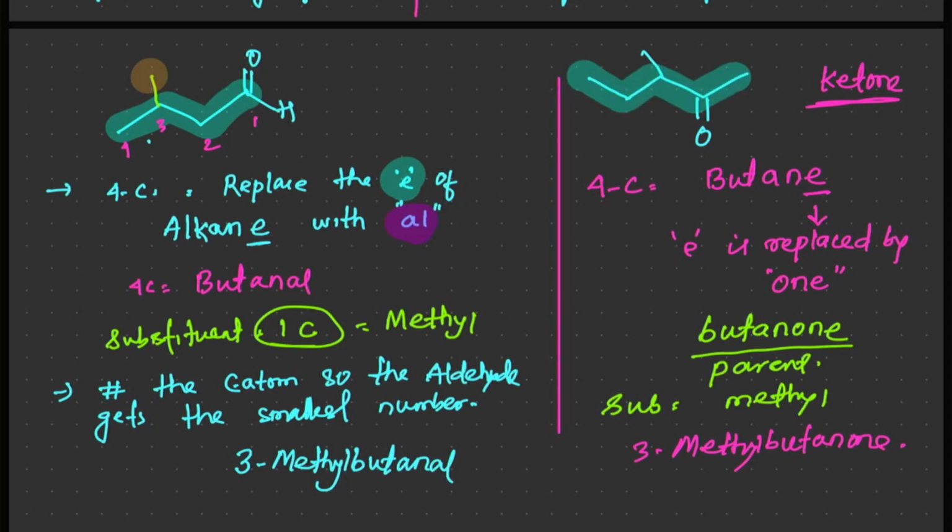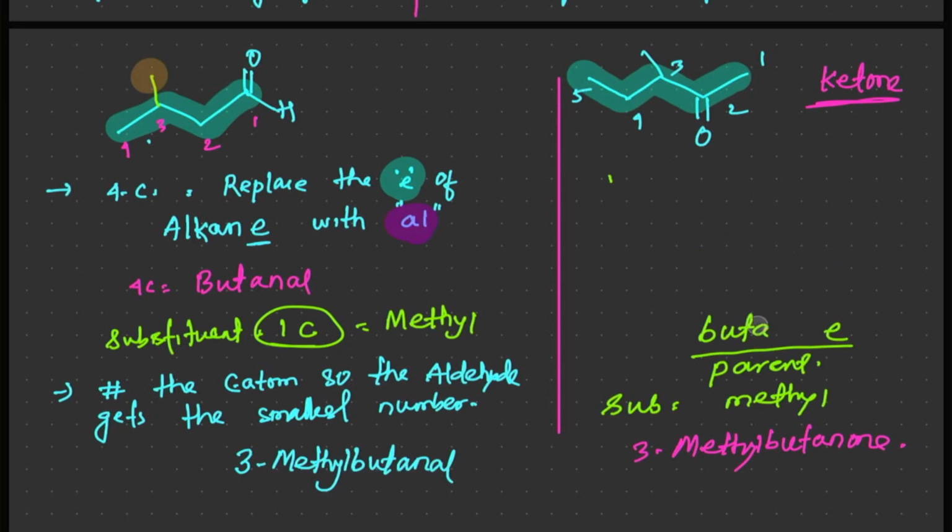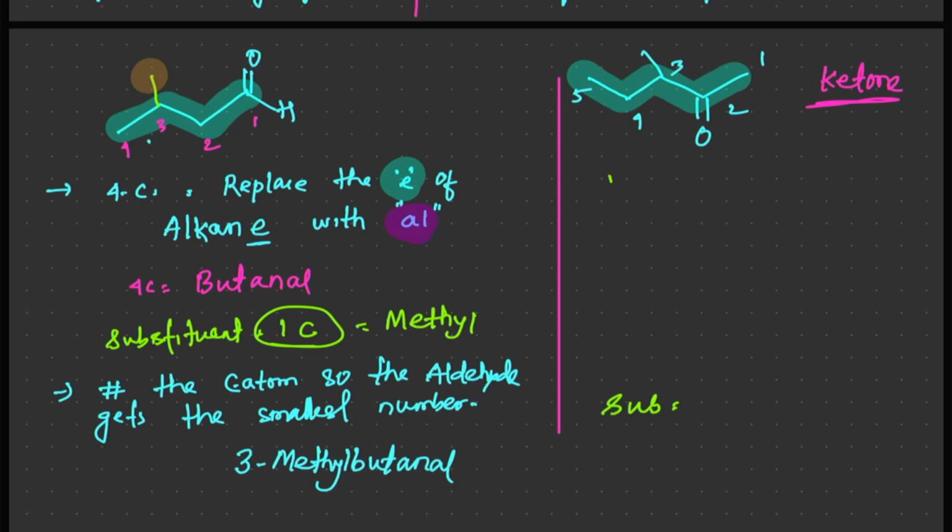So we got 5 carbon atoms, 1, 2, 3, 4, 5. So let me delete everything. 5 carbon atoms means pentane, so E is replaced by one, so it's going to be pentanone.